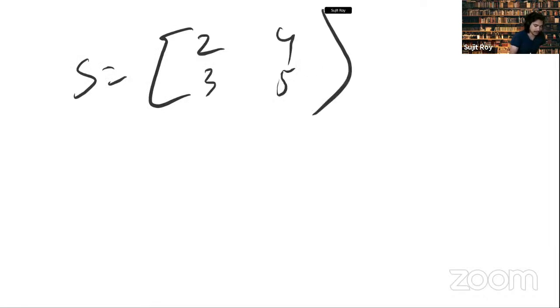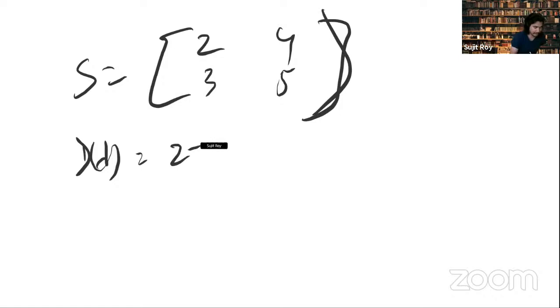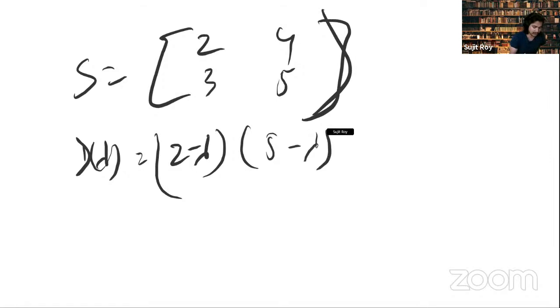This is a matrix that we design, and then we have the value lambda, so the determinant will now be equal to (2 minus lambda) multiplied by (5 minus lambda), minus 3 times 4, which is 12.